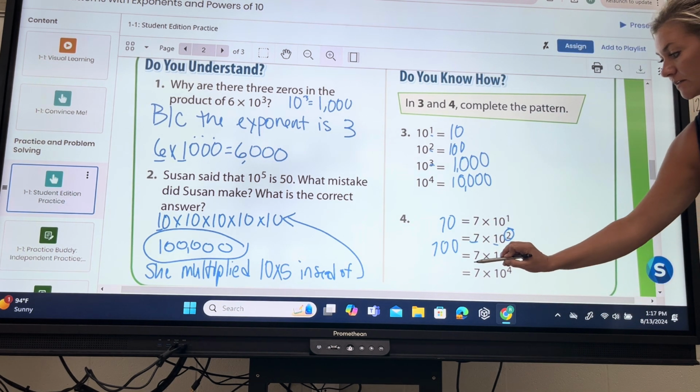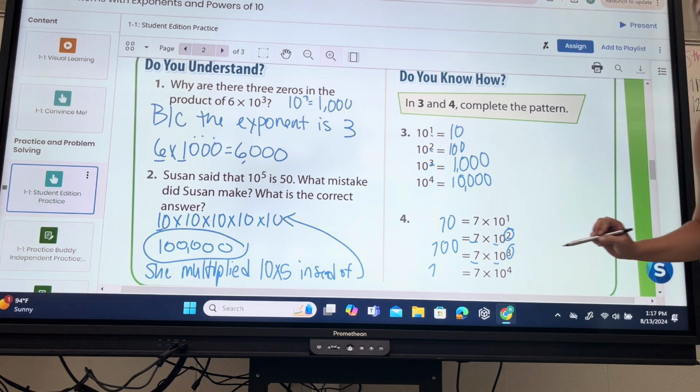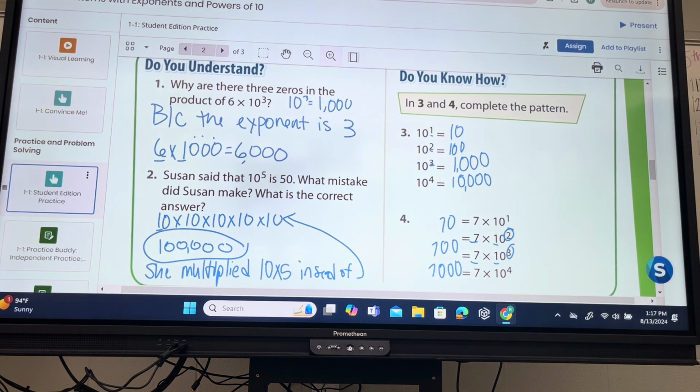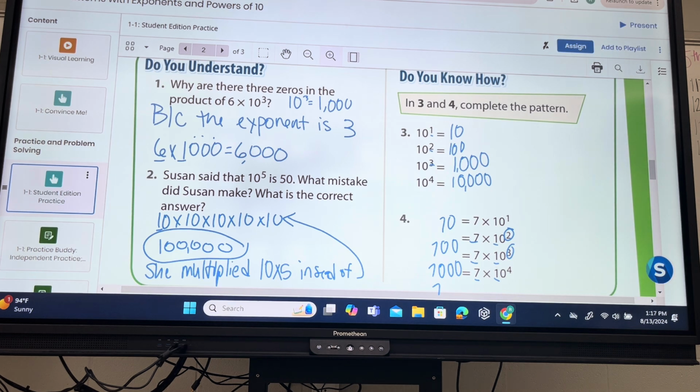Then 7 times 1 is 7 with 3 zeros. Now we have 7 times 1 is 7 with 4 zeros behind it.